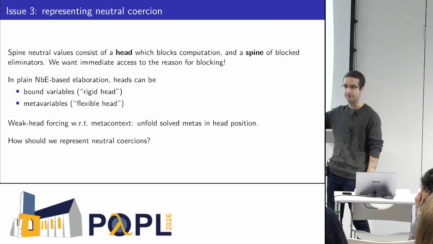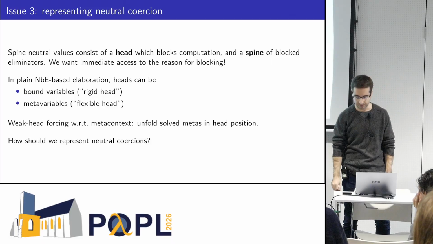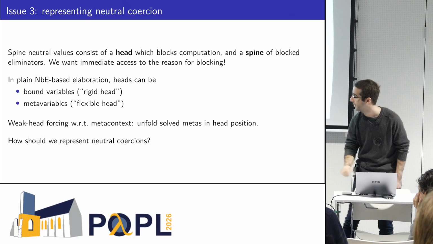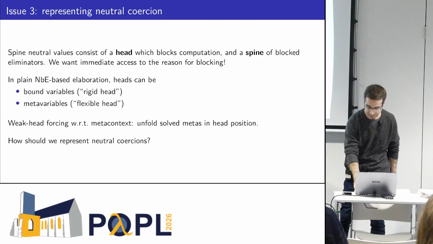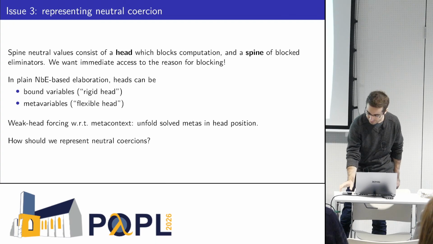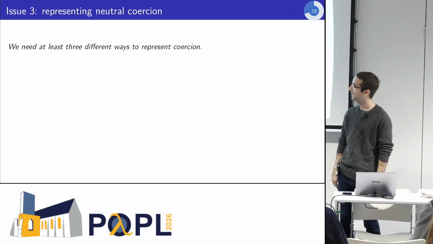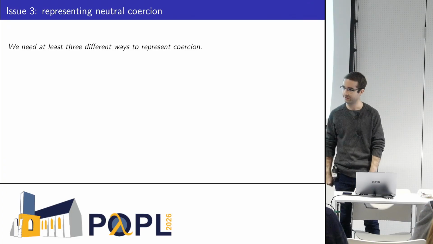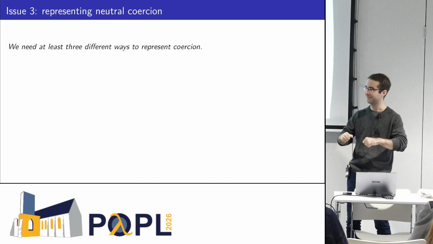So this is a nice way to combine NBE with meta context and meta variables. But then what happens if you add observational coercions into the mix? It's not super simple, because we need at least 3 different ways to represent coercions and also remain production strength.